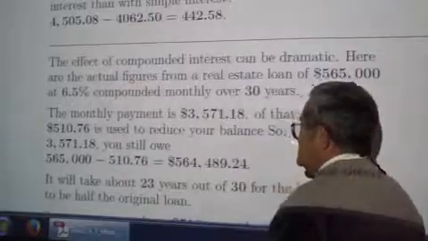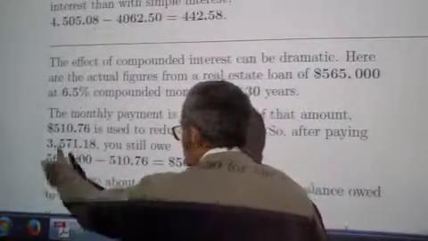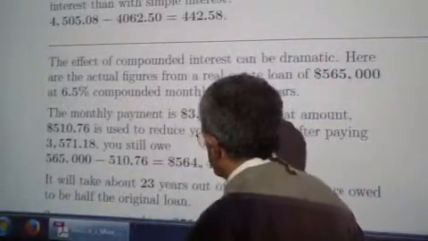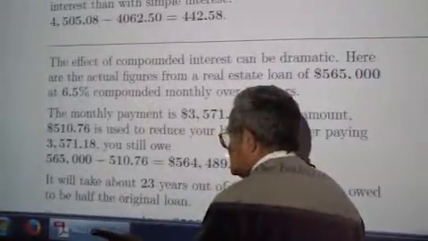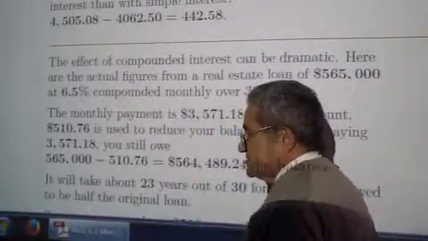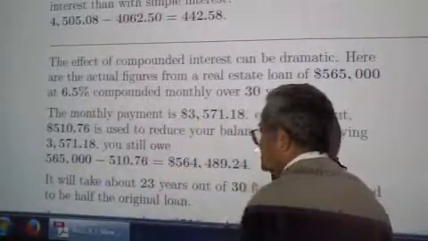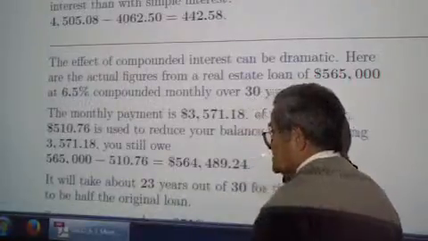How many years will it take you before you are down to half this amount, which is 282,000 something, 238,000 I mean? Not 15 years, 23 years. So you pay a lot of money for the first 23 years as compared to the last 7 years in which you pay the rest.